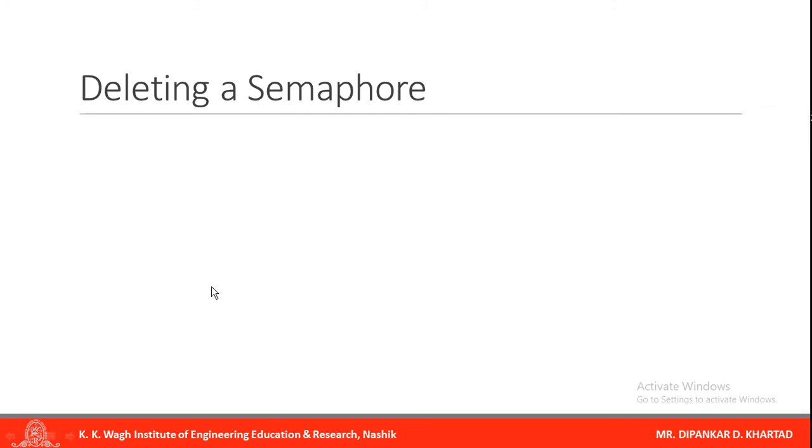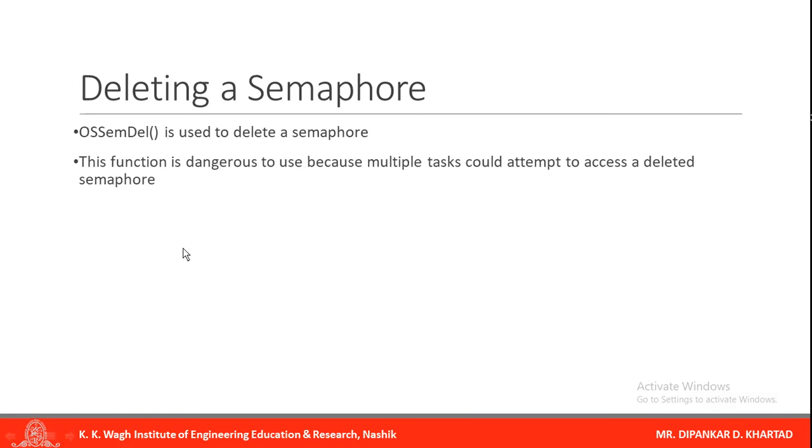Now next is deleting a semaphore. Simple syntax: OSMDEL is used to delete a semaphore. This function is dangerous to use because multiple tasks could attempt to access a deleted semaphore. So you must be very sure about the semaphore number, which one it is, while deleting.